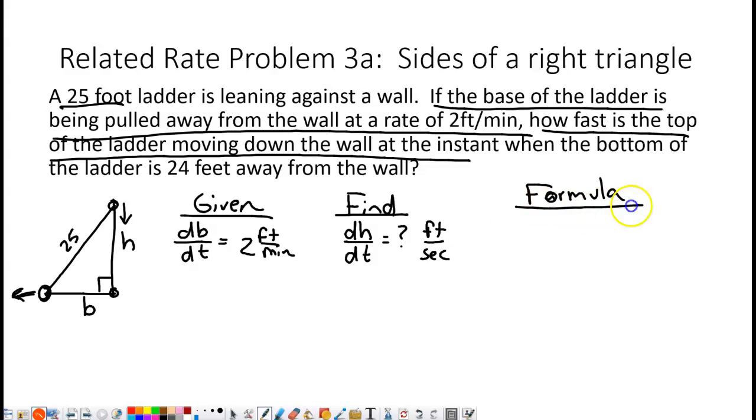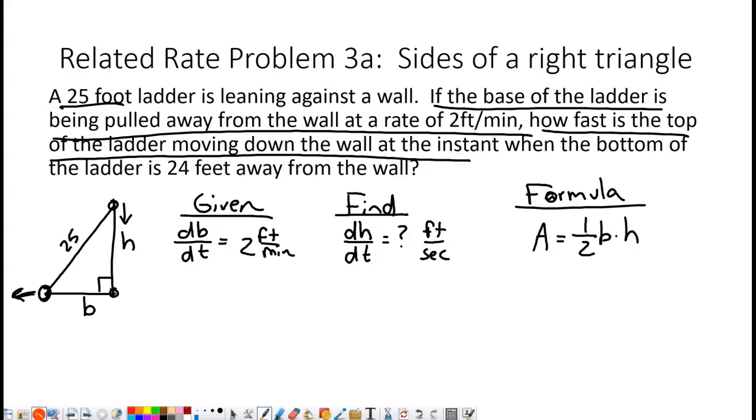I don't know if I have them both on our little list of formulas, but I can think of two formulas that would relate the height and the base of a right triangle. Here's one. Don't write this, but just watch, because this one's actually wrong. The area of a right triangle is 1/2 the base times the height. You could do that. But here's another formula, and this is the one we're actually going to use.